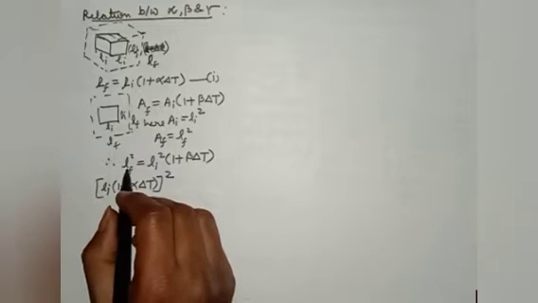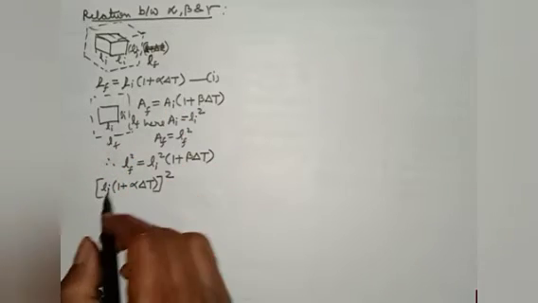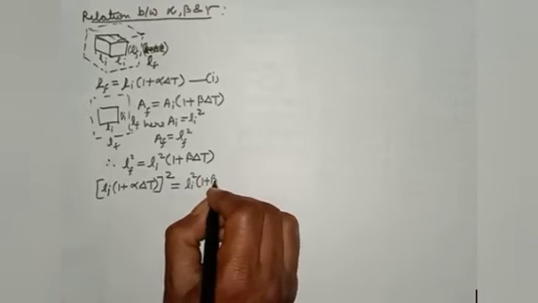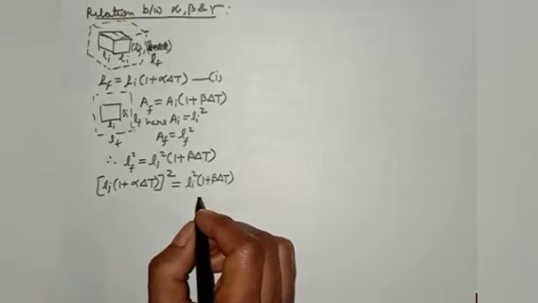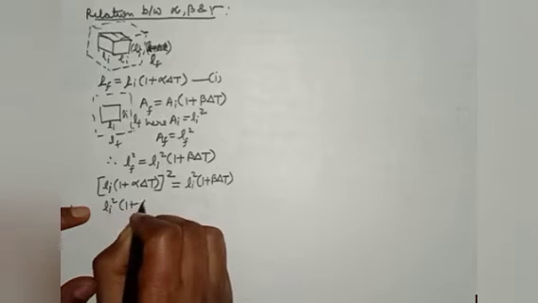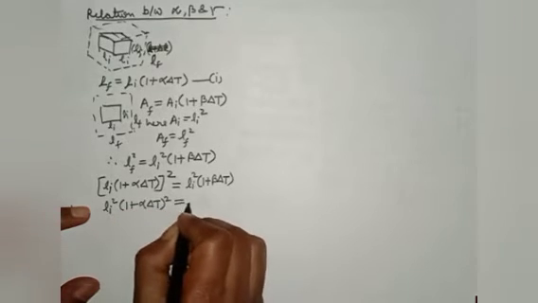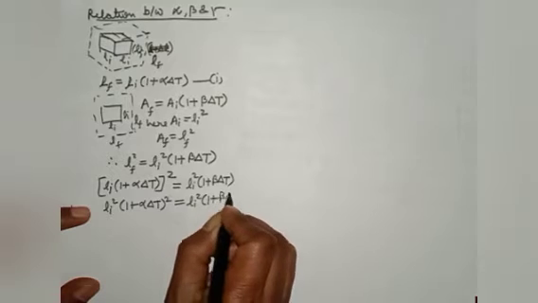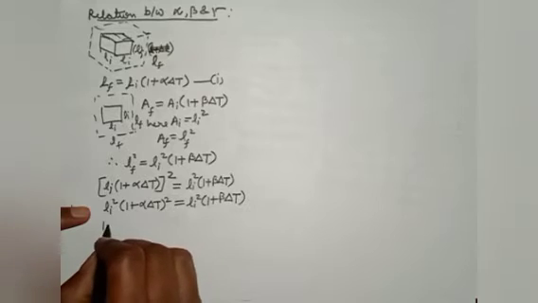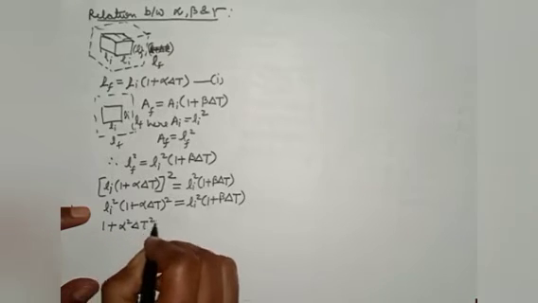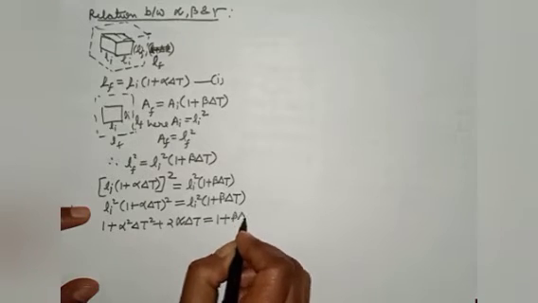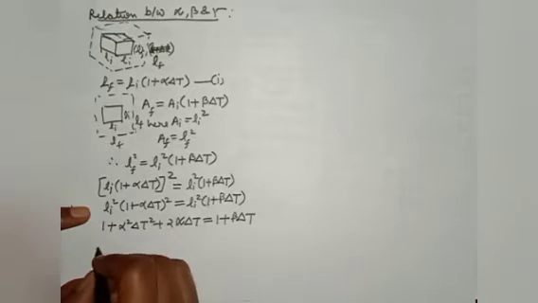So what is the meaning of that? What is Lf? This thing is Lf, so squaring that, it equals Li squared (1 plus beta delta T). Now Li squared (1 plus alpha delta T) squared is equal to Li squared (1 plus beta delta T). Li squared will get cancelled and we will take the whole square of this. The 1 will get cancelled.